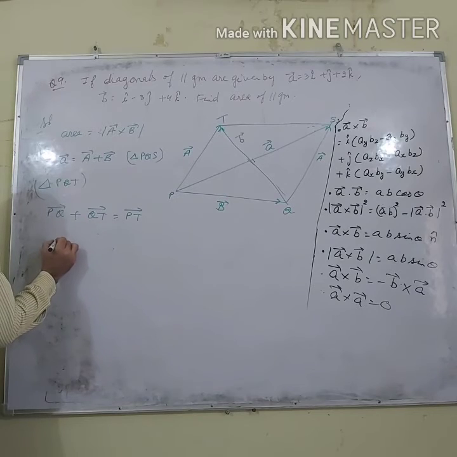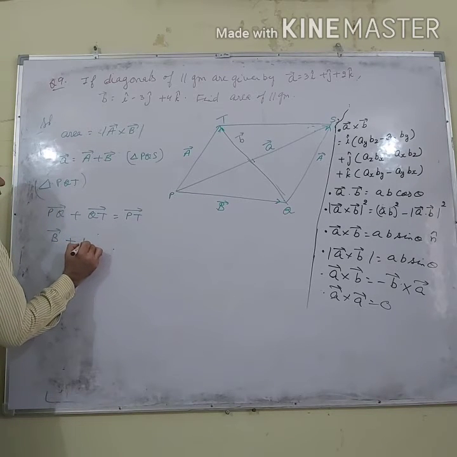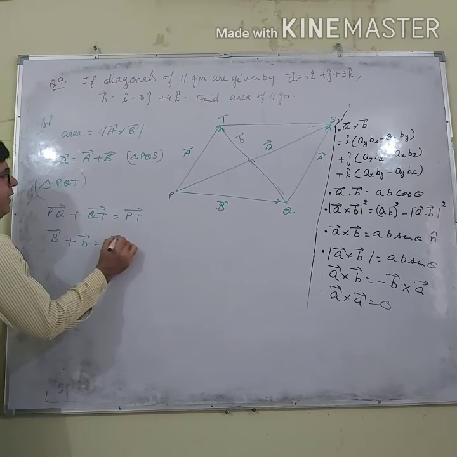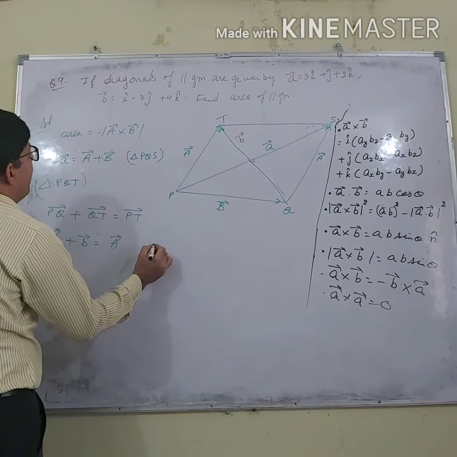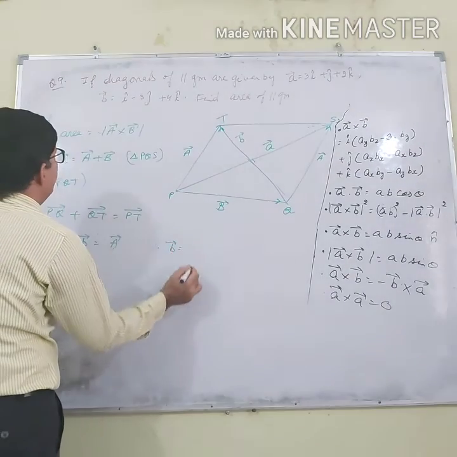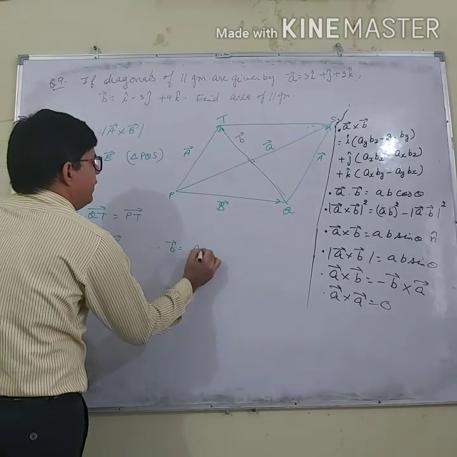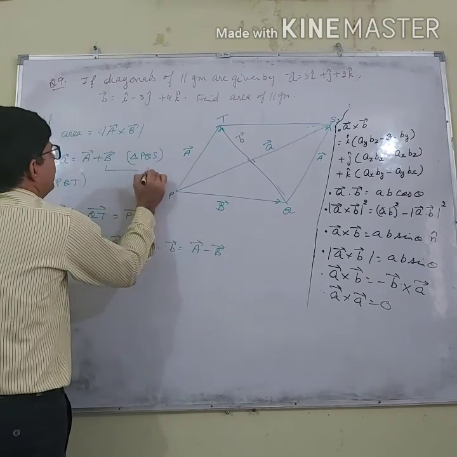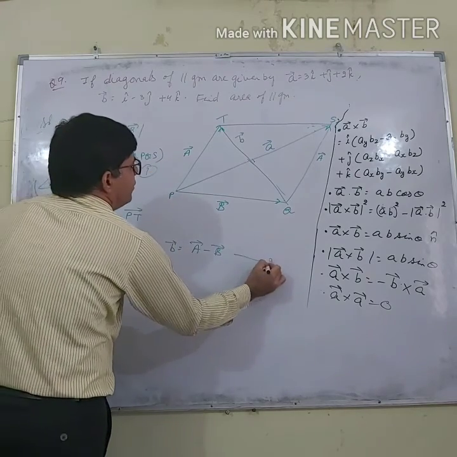So what is PQ? Vector capital B. And what is QT? Vector small b. And what is this PT? Vector a. So I can say that vector a equals vector A plus vector B, and vector b equals vector A minus vector B. This is 1, this is 2.